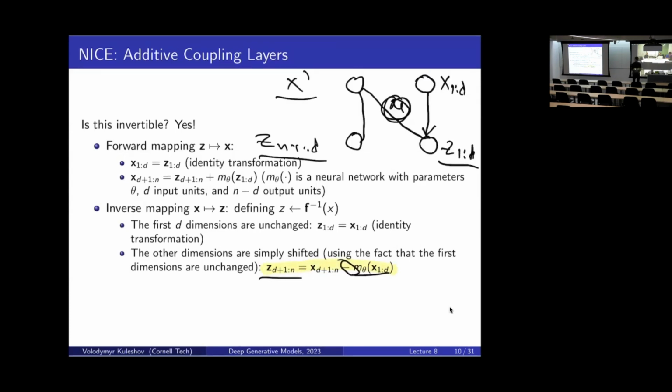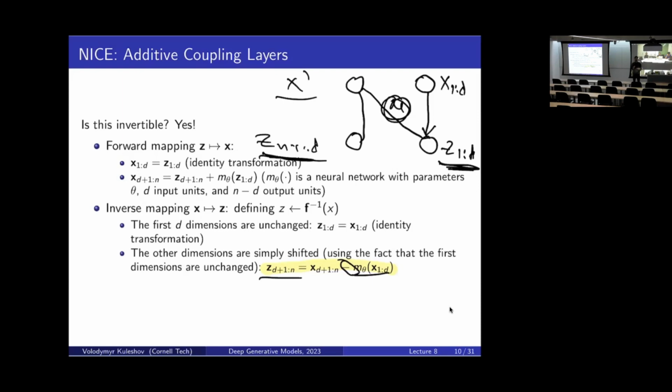I guess I wouldn't really use the term constant to refer to M. M is most definitely a very expressive function, but it's a function of only this term, Z of 1 to D. And crucially, it is not a function of this term, which is why things are invertible.